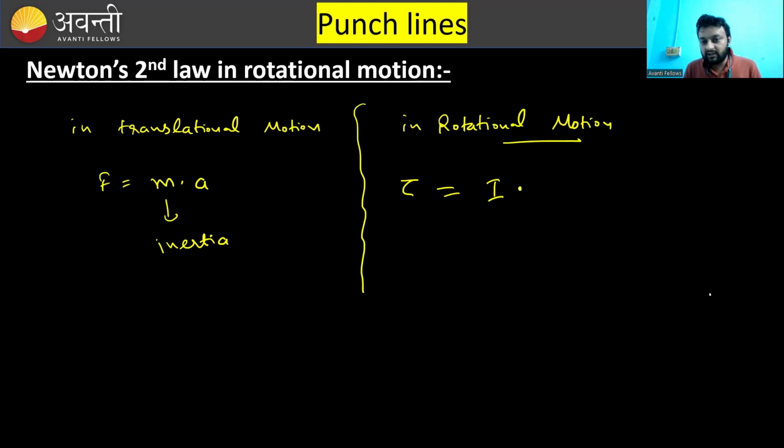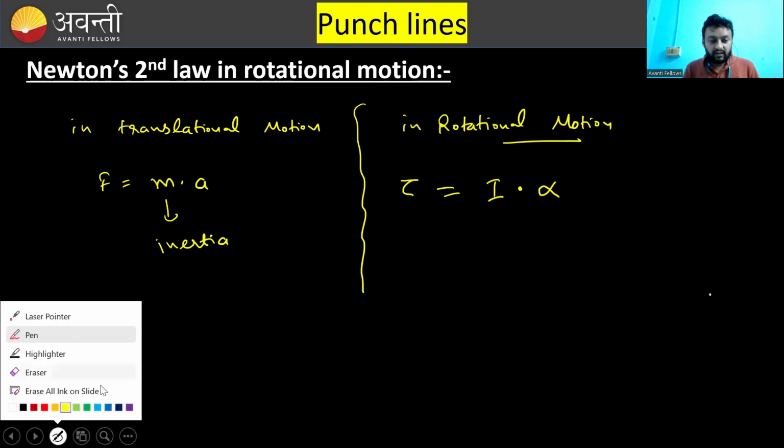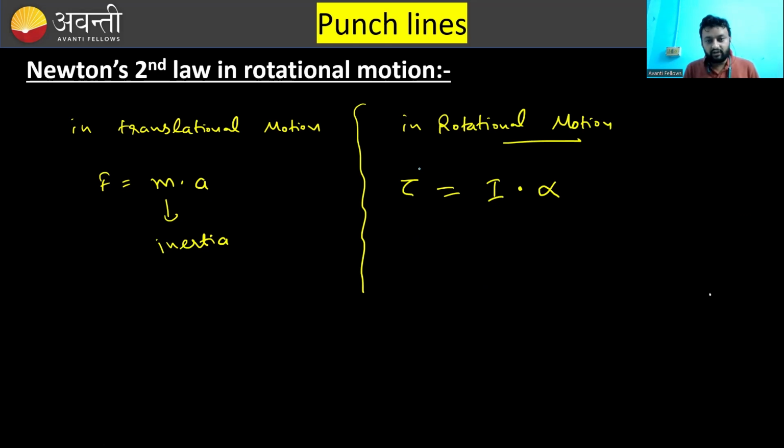In rotational motion, acceleration is denoted by alpha. So the relation is tau is equal to I alpha. This is Newton's second law in rotational motion. I know that all the meanings of these symbols are clear to you. Tau is the torque, I is the moment of inertia, alpha is the angular acceleration. I think things are sorted.